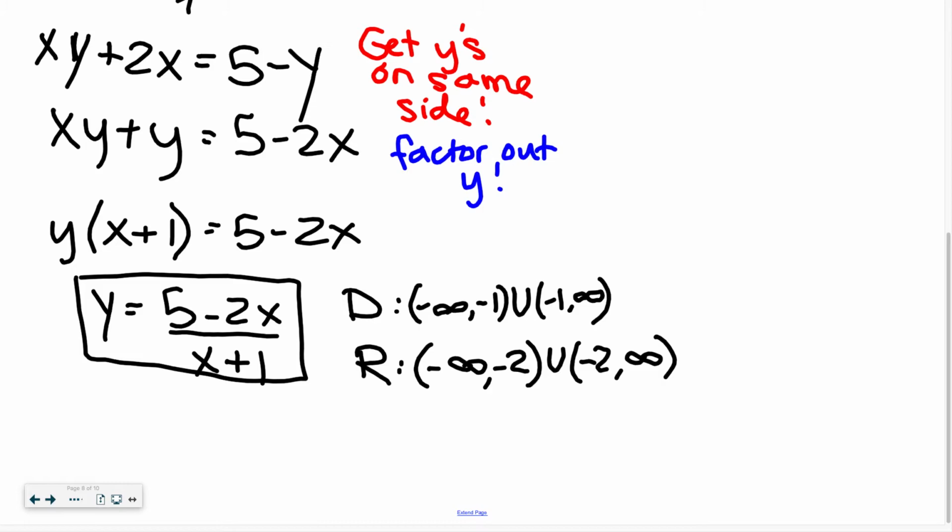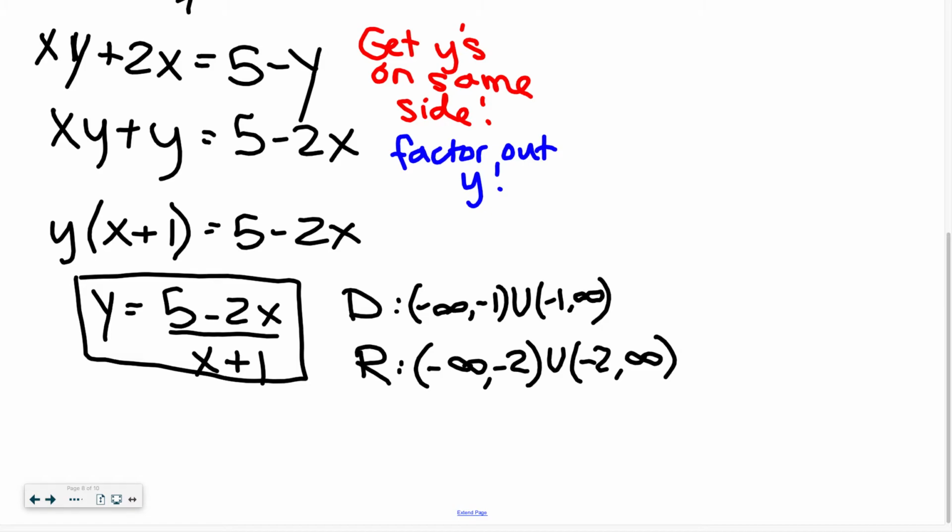Okay, now, side note, if you care, because we're going to do it in chapter 2 anyway. The range is affected by the horizontal asymptote of a rational function. The domain is affected by the vertical asymptote. The vertical asymptote is setting your denominator equal to 0. So, of course, we get that when we do domain. For the horizontal asymptote, there were 3 rules that we'll review in chapter 2.